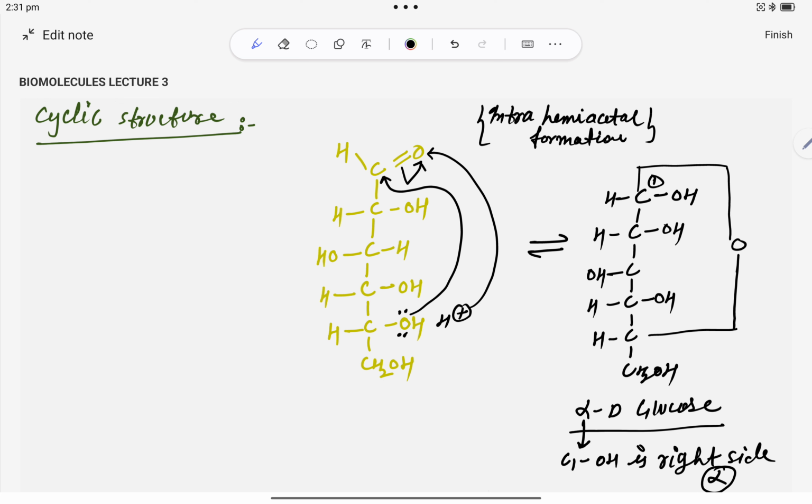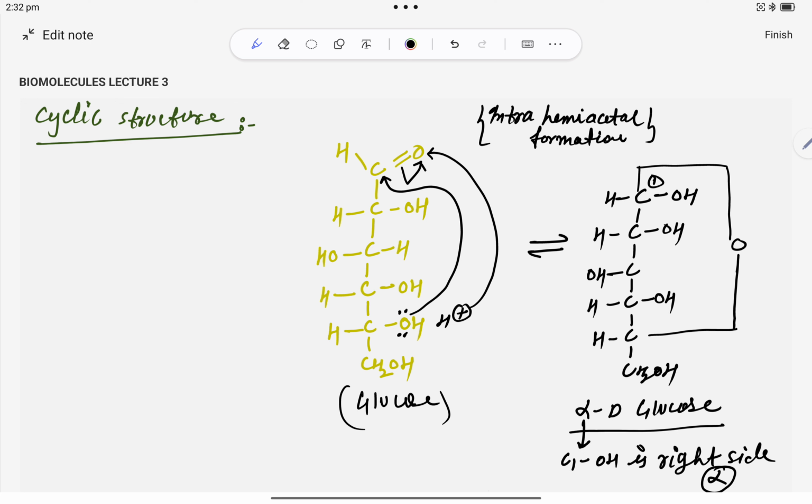If on the first carbon where the aldehyde group is present, that is the case, it's called alpha. Okay, so that is the product alpha D glucose formed. It's a glucose formed when it's a front attack. Okay, front attack on the carbon.